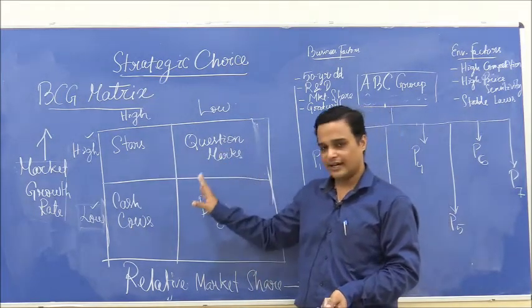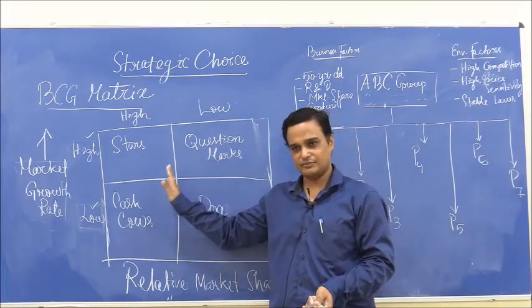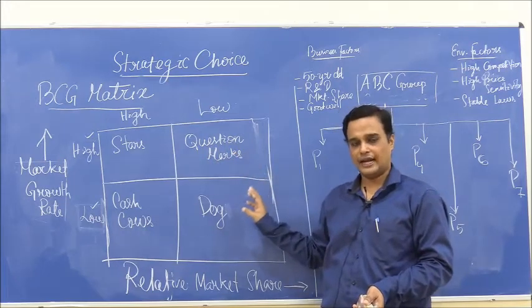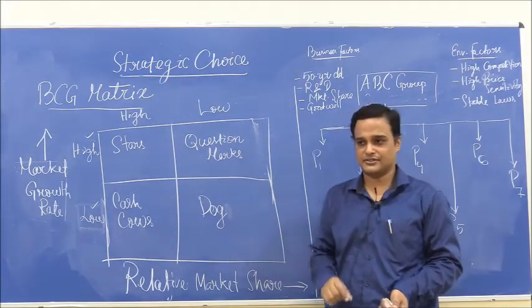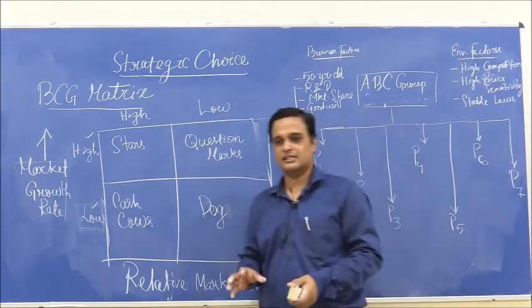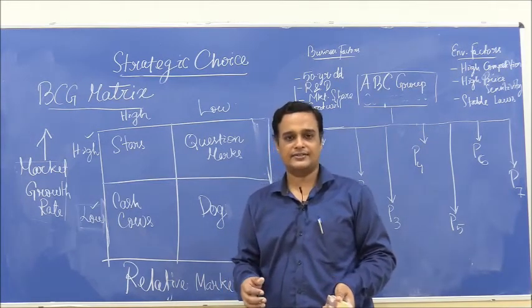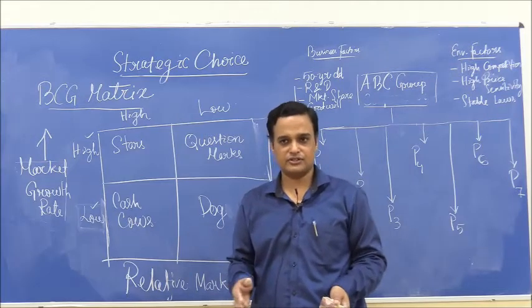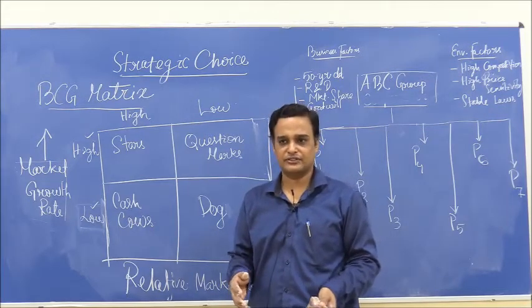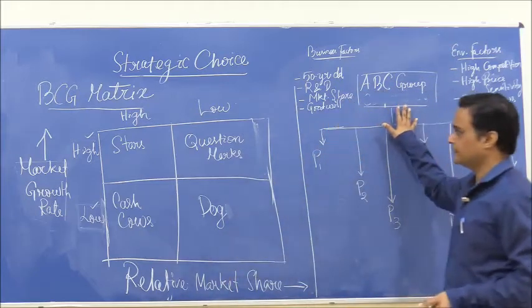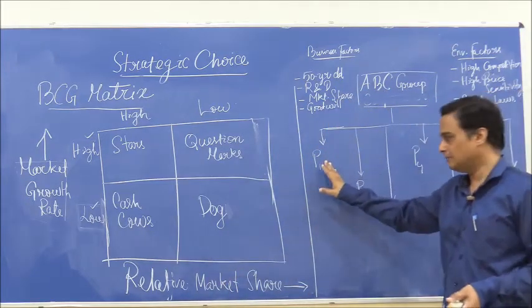After analysis, the BCG matrix yields 4 distinct groups or categories of businesses. To explain it in a simple way, I have taken an imaginary, fictitious example of a company, ABC Group, which is involved in multiple product lines.